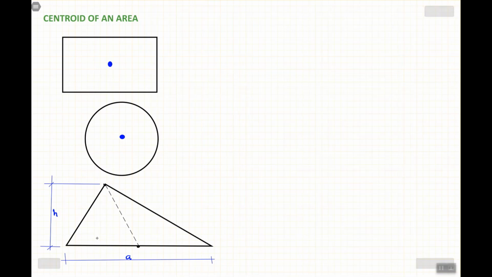In other words, this portion is a over 2 and this one is a over 2, and we can prove that the centroid of this area is on this line, at a distance h over 3, and we can prove that this is the centroid.